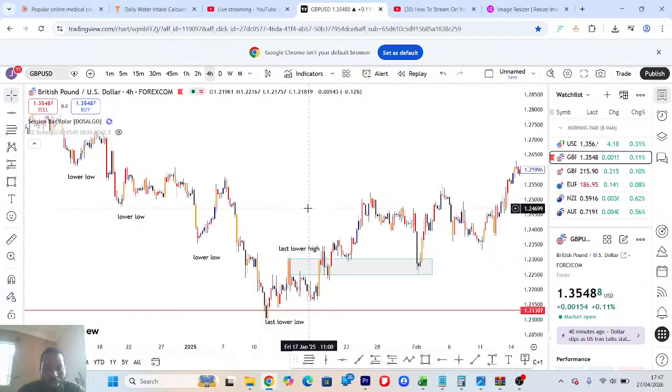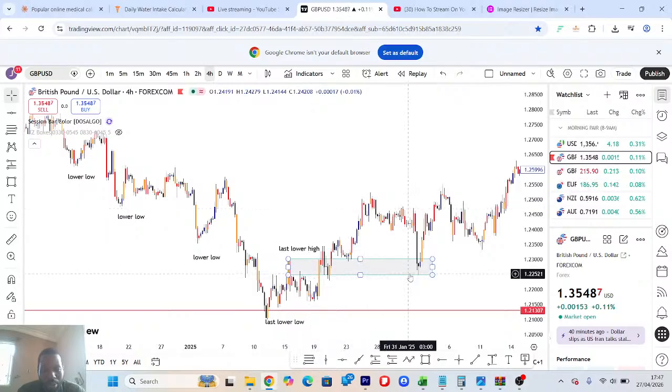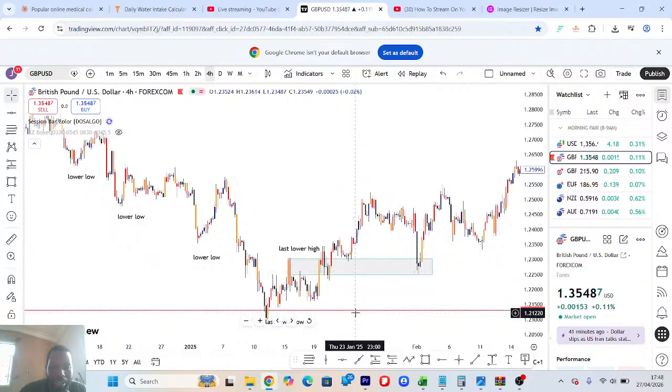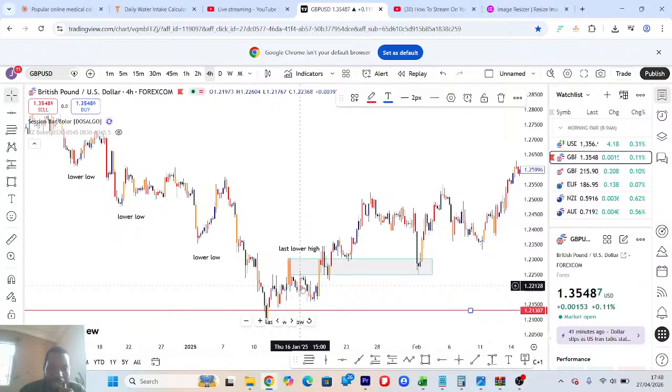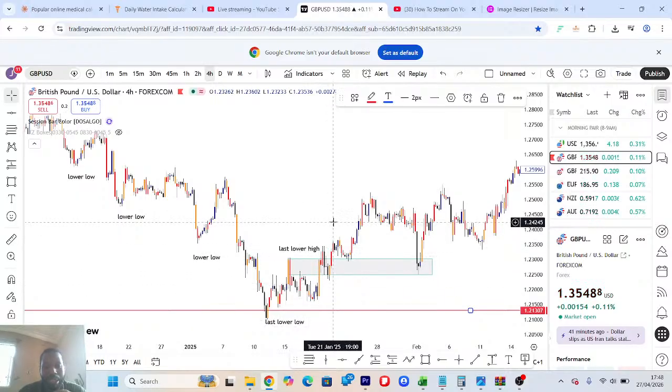So that is where you put your point of interest. Anytime market breaks the last lower high at the last consolidatory level, that is the level of consolidation at the higher time frame. But when it finally got here, instead of breaking this, it now finally broke the lower high.